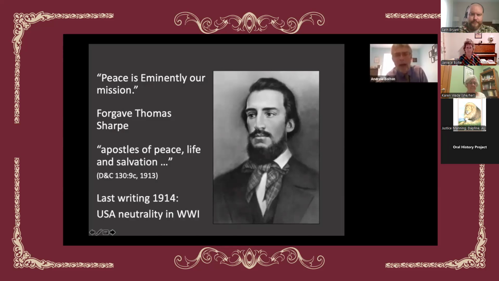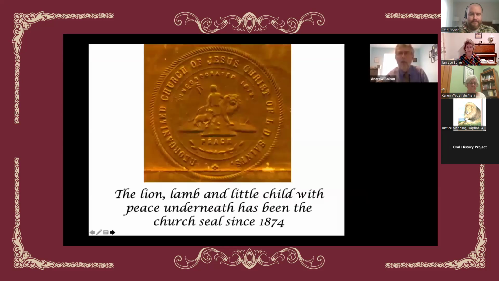And his last writing, just before he died, was an editorial in the Saints Herald supporting US neutrality in World War I. So Joseph Smith III, after a faltering start, took us in a strong peace direction. And part of that peace direction was the innovation of the church seal.